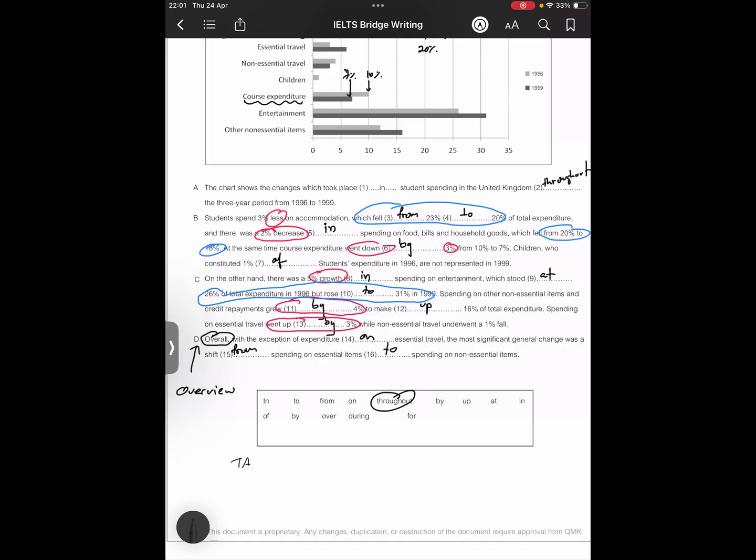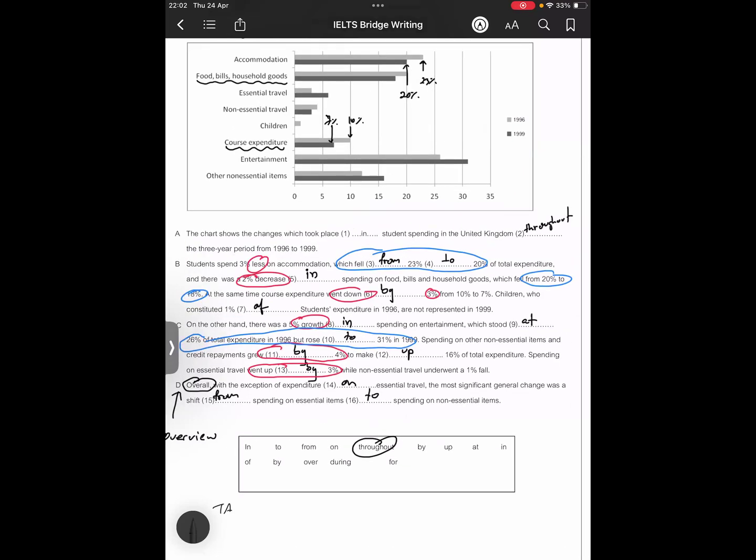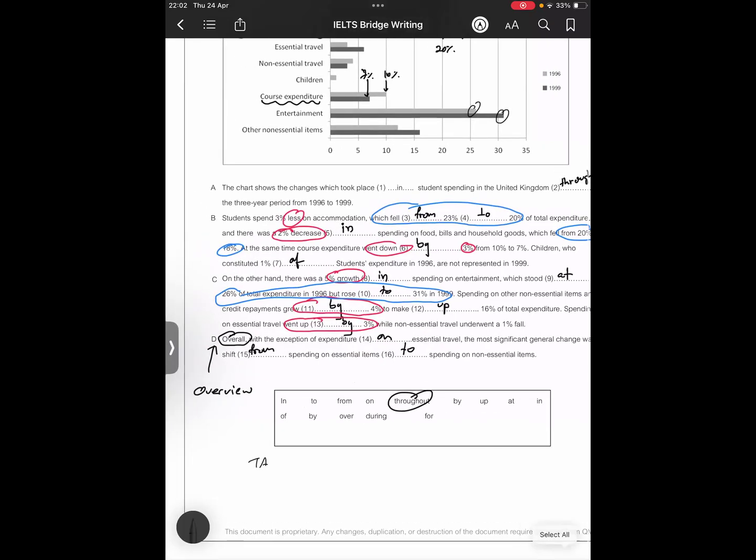Next, there's supposed to be an overview, and the key features must be identified. So yeah, key features have been identified, although the strategy is not too good. In fact, these are all the largest quantity, but it has never been mentioned. So I would say this is greater than or equal to 6.0.